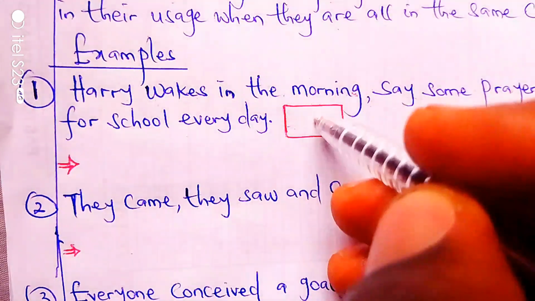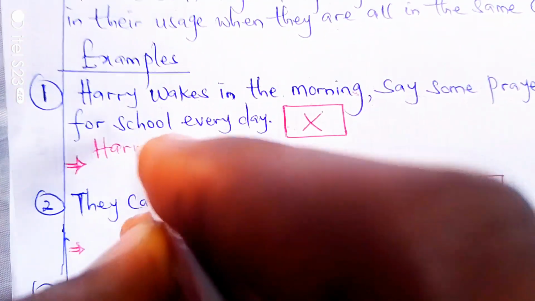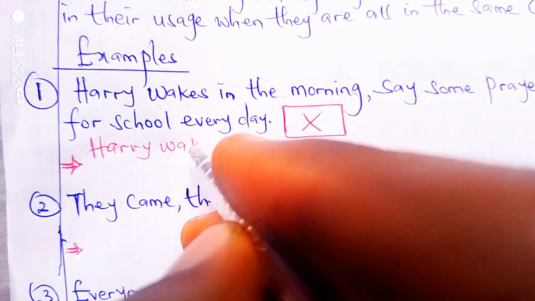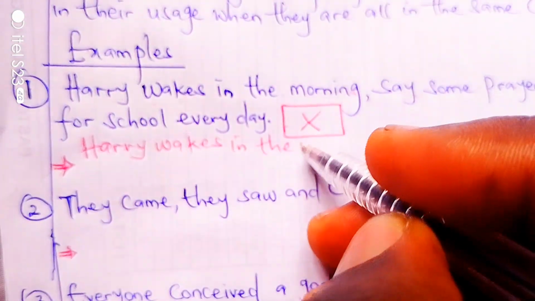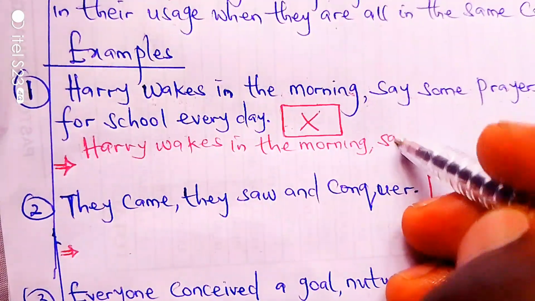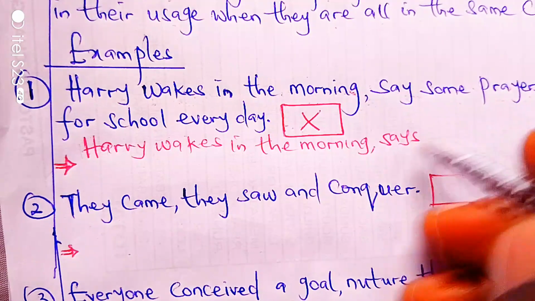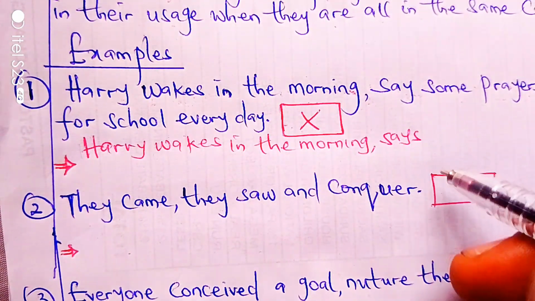So what should it be? This is how it should be written. Harry wakes in the morning, says, because it's the same Harry. This second sentence is still talking about Harry. No other character was mentioned, no other subject was mentioned there.